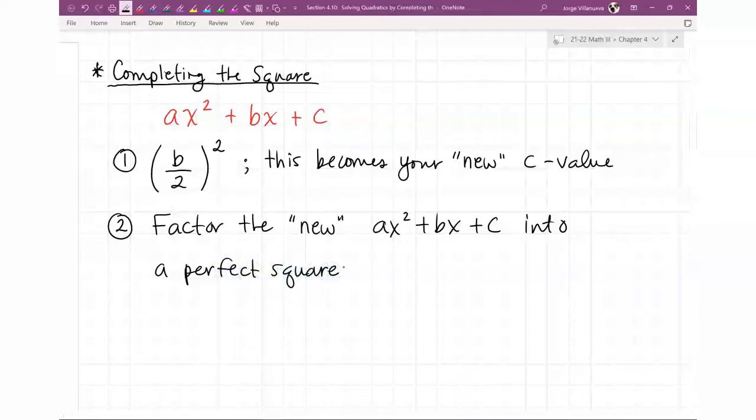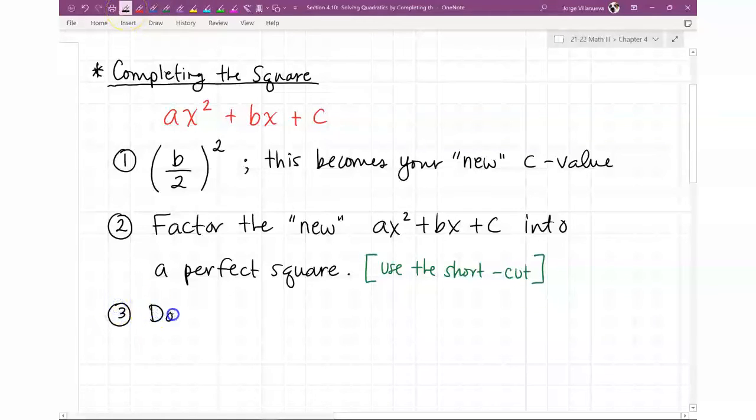Now that you have a brand new c, you're going to be able to factor it perfectly. You're supposed to use the x method, but I'm going to show you guys a shortcut, so you don't spend 2 to 3 minutes doing this. There's a nice little shortcut, and then after that, you're done. So I guess you can say step 3, you're done.